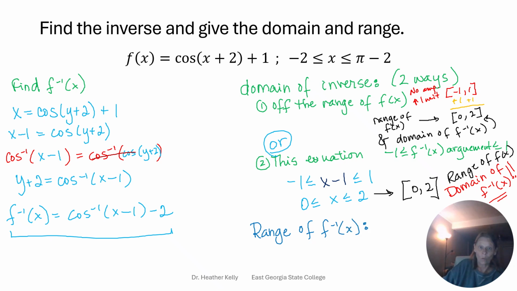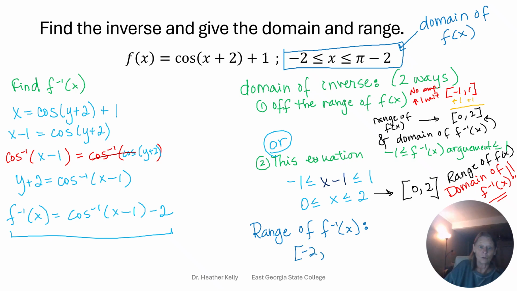And that is going to be what is already given to you, which is the domain of f of x. This is the domain of f of x given here. So the range then is going to be from -2 to pi minus 2. Okay. Let's talk about some other kind of interesting properties.